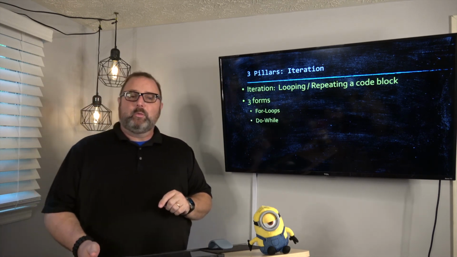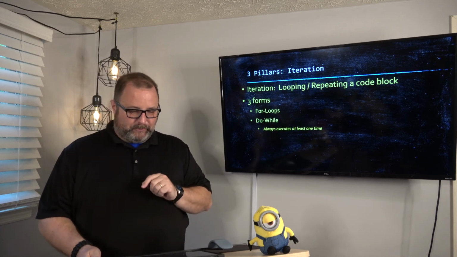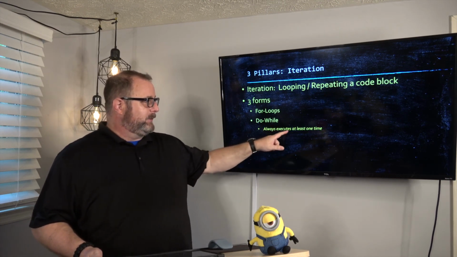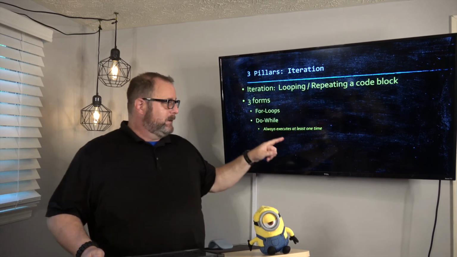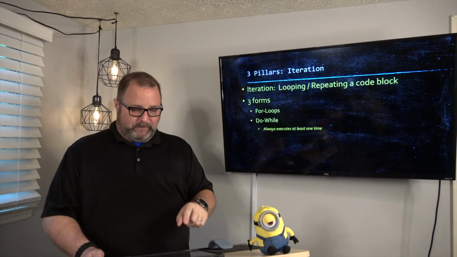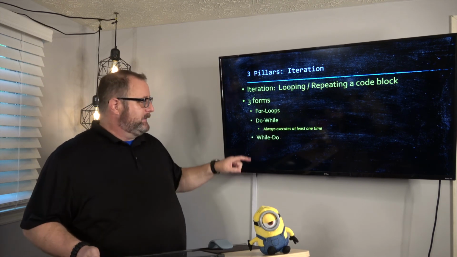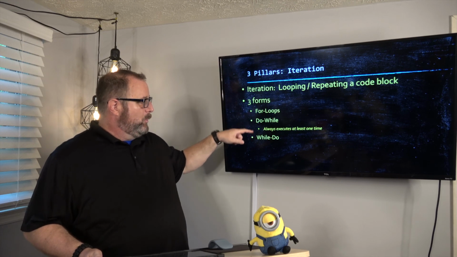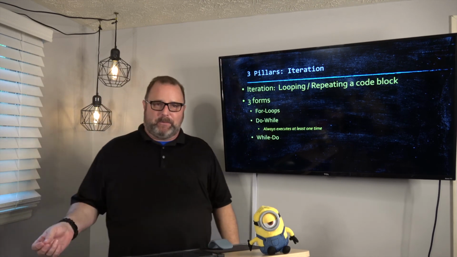There is do while. And the interesting thing about do whiles is they always execute at least one time. Whatever's in that block of the do while is executed at least once. And after the do while we have the while do. The difference between these is where the conditional that terminates the loop is evaluated.